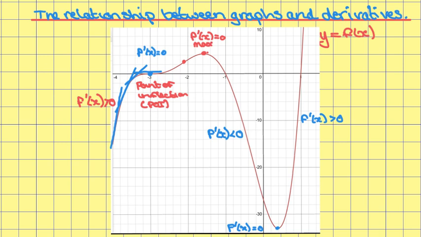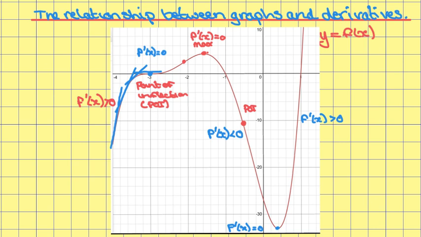And then again, the gradient becomes negative, but it gets easier and easier going down the hill. The gradient is still negative, and it's getting more negative, and it gets easier and easier until we reach that point, which is again another point of inflection.